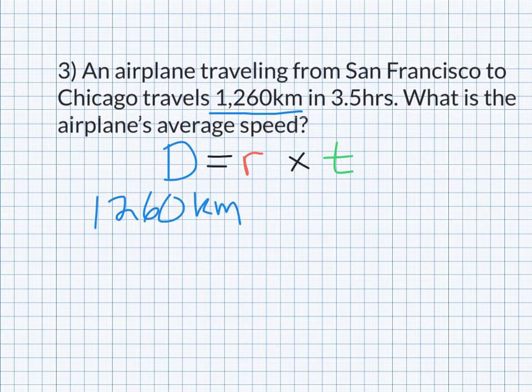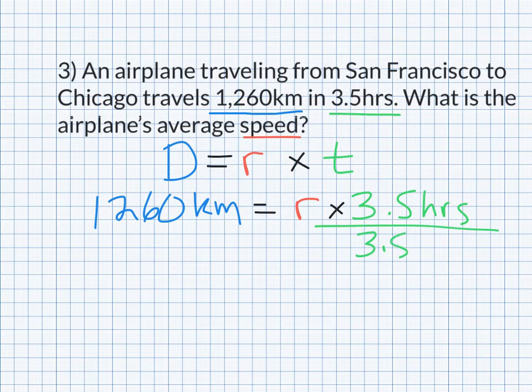In 3.5 hours. So that's a time. So I'm going to write it below. And we are looking for the speed. So the variable is going to stay r, and it's just a matter of solving for r, same as the other problems. So in order to get r by itself, you're going to divide both sides by 3.5 hours.